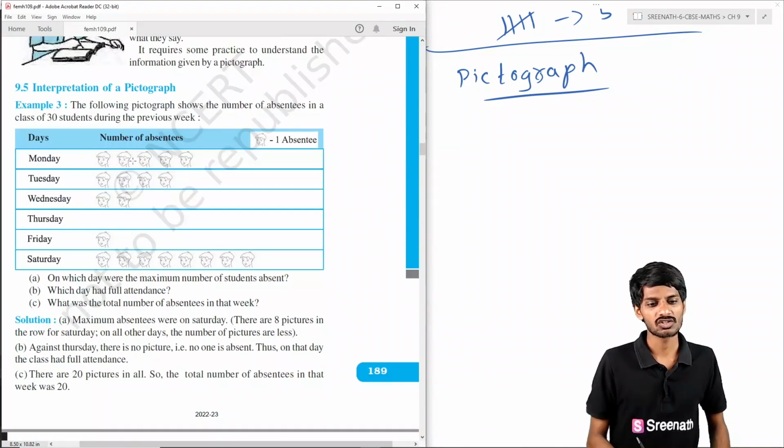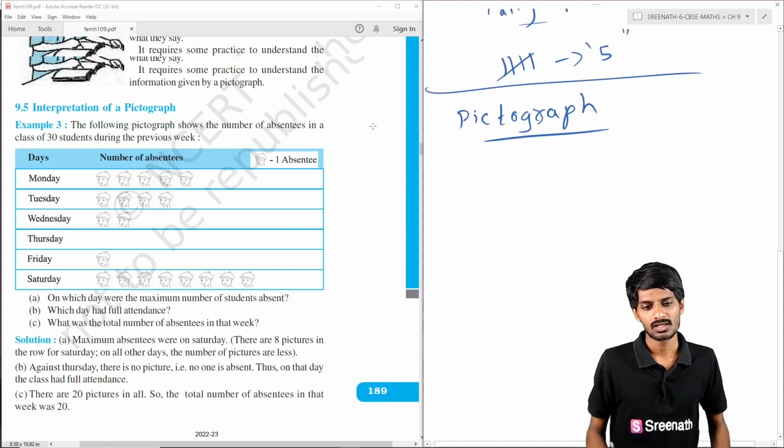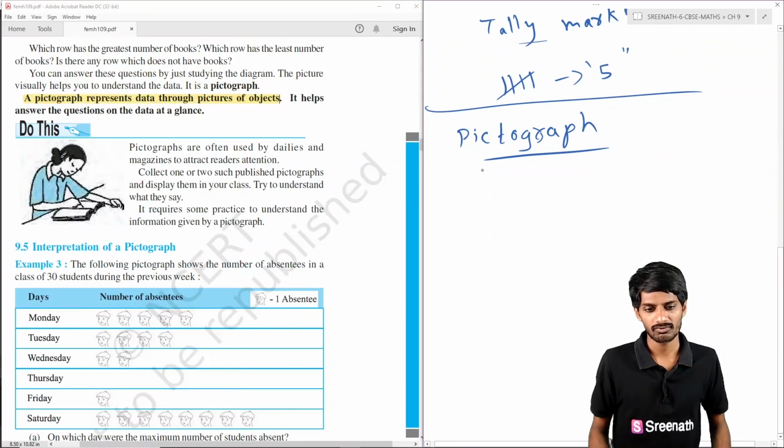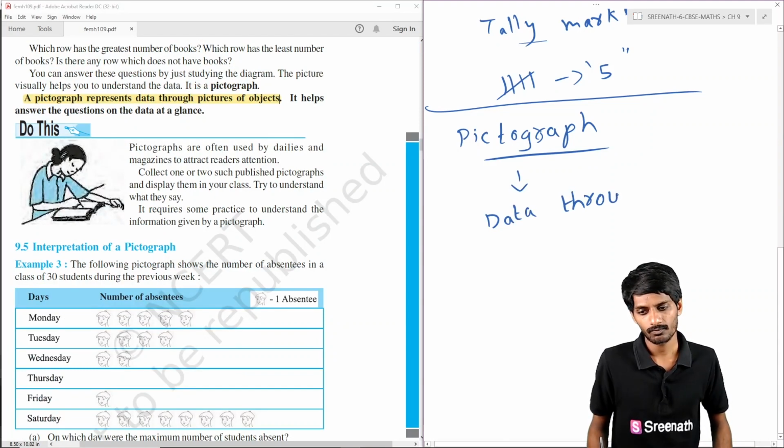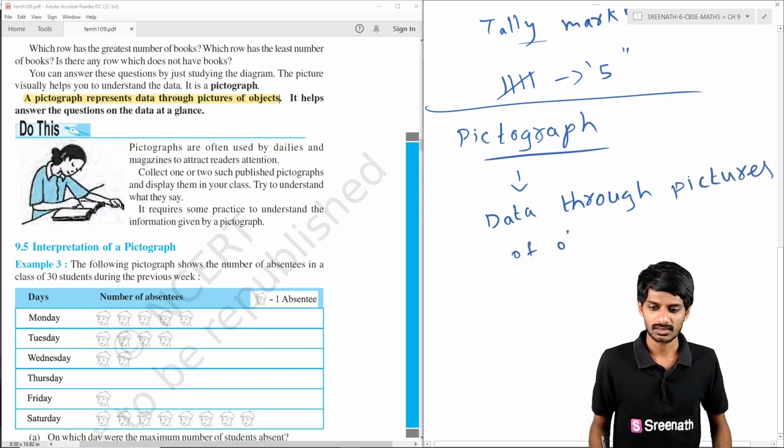So interpretation of pictograph. So we are going to write what is meant by pictograph. Pictograph represents the data through pictures of objects.